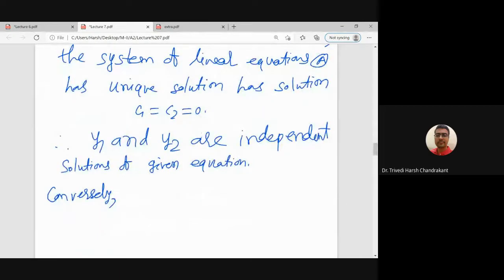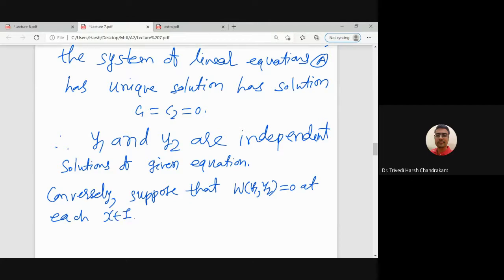First, we are assuming that the Wronskian is non-zero at a particular point fails. So that means it is 0 everywhere. Conversely, suppose that the Wronskian is 0 at each point x in the interval.